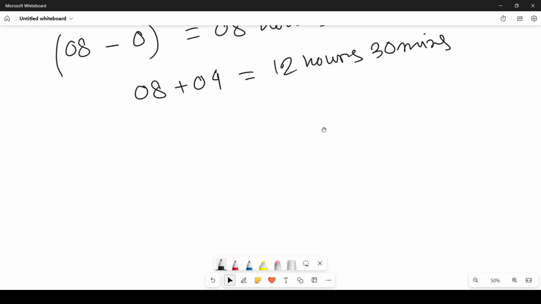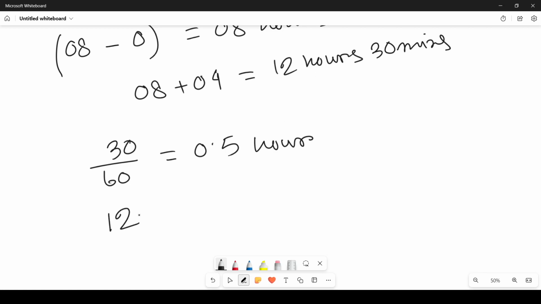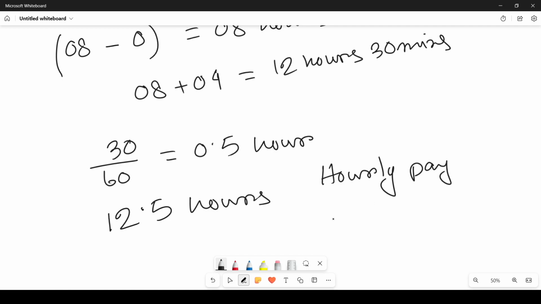If you convert this 30 minutes into hours, you will get 30 divided by 60 equals 0.5 hour. So the total will be 12.5 hours.